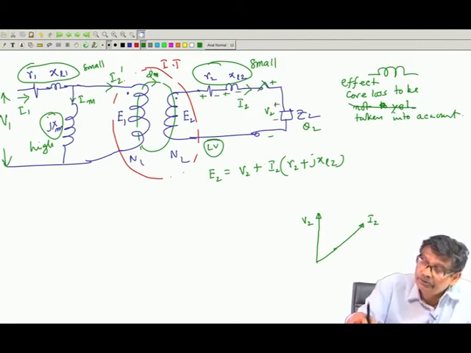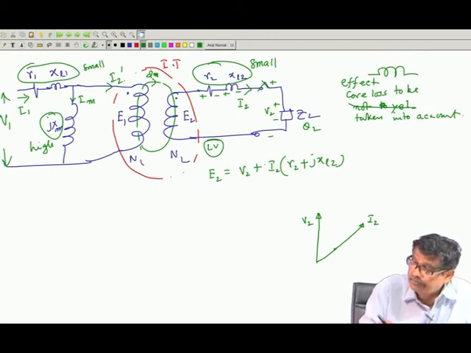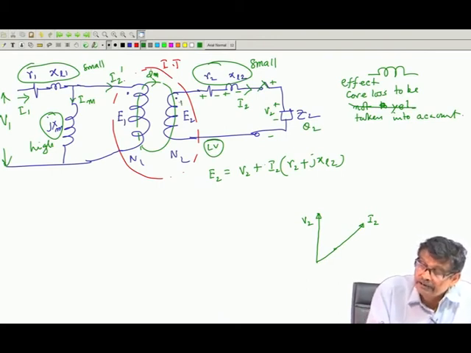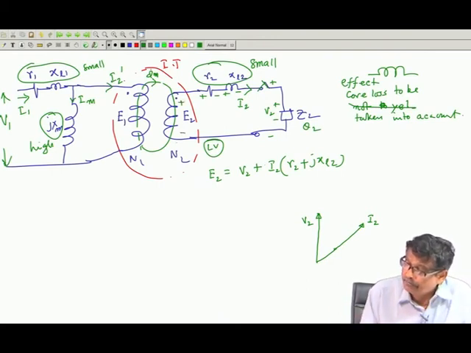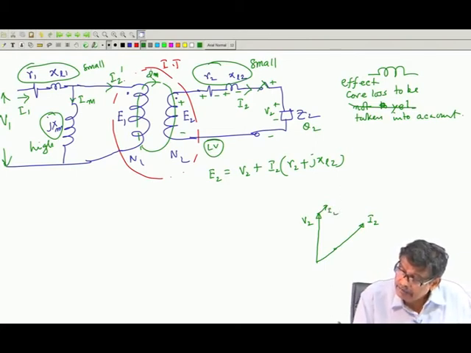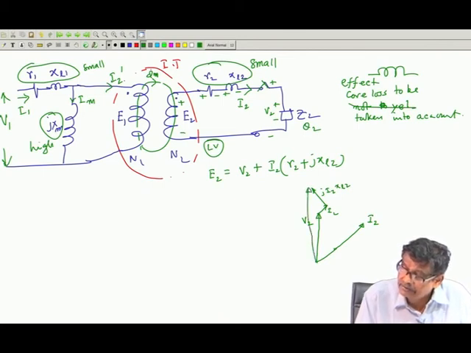So, to V 2 add these drops to get E 2, plus minus. This dot I have put. So, V 2 plus I 2 R 2 parallel to this, and plus J I 2 X L 2, and if you add this you will get E 2.